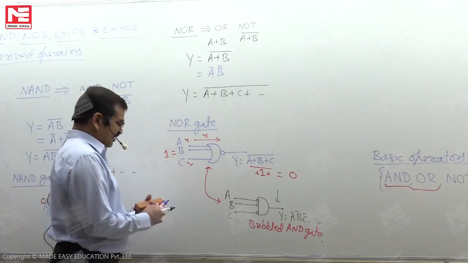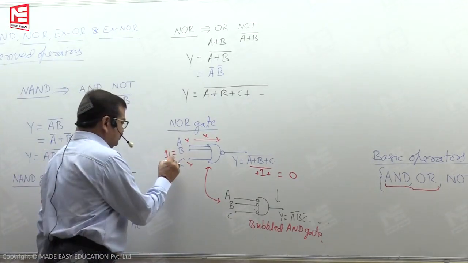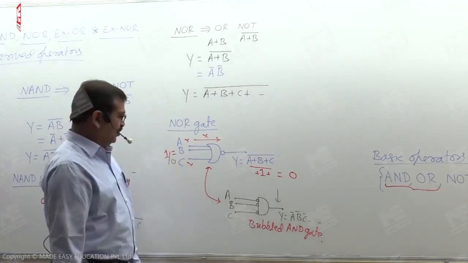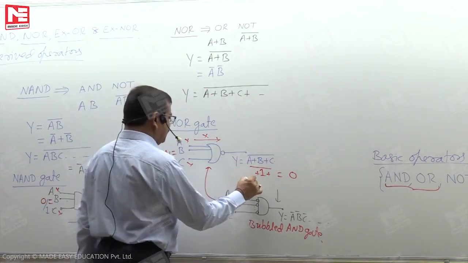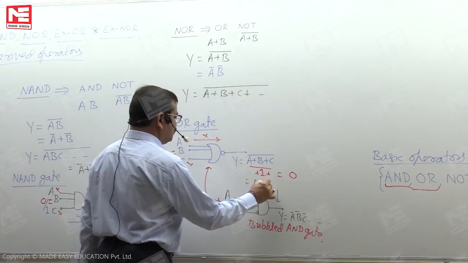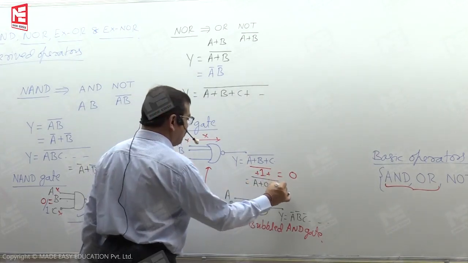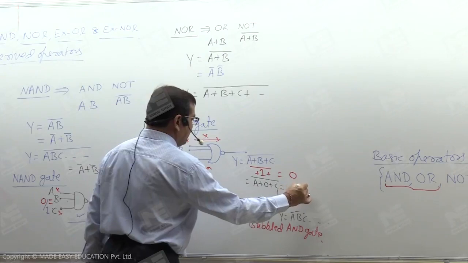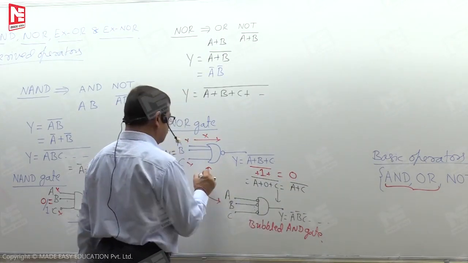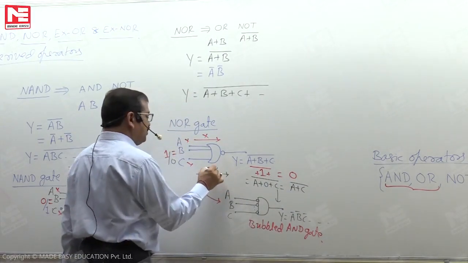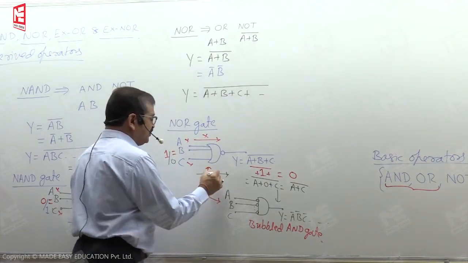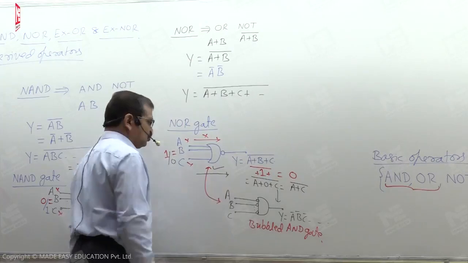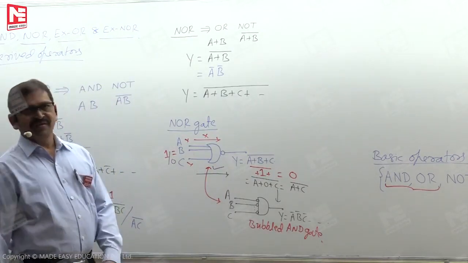Similarly, if B is 0, what we are looking at is the output as A or 0 or C whole complement. So what is the meaning of this? A or C whole complement. It means A and C variables are getting a chance to pass through this NOR.